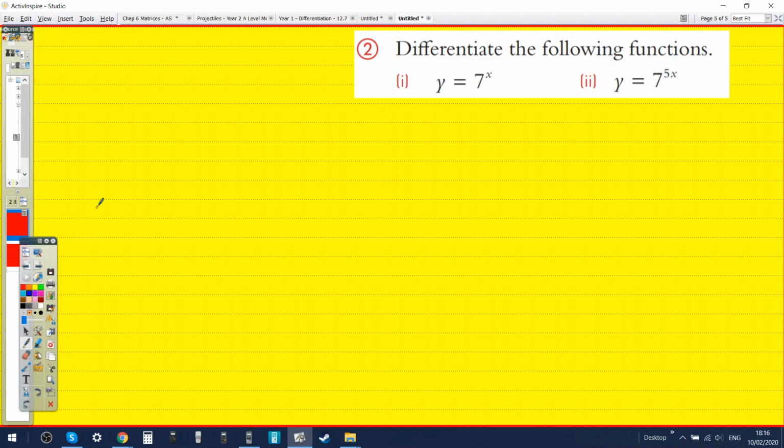Yep. So it would be 7 to the 5x ln 7 times 5. Yeah. So 5 times 7 to the 5x ln 7. Yep, that's it.